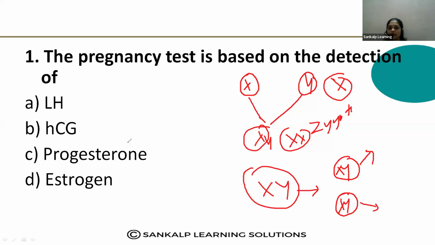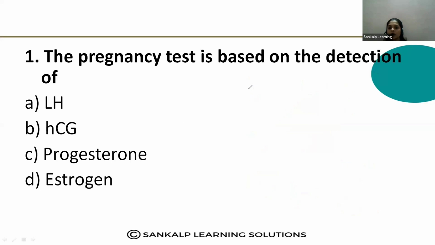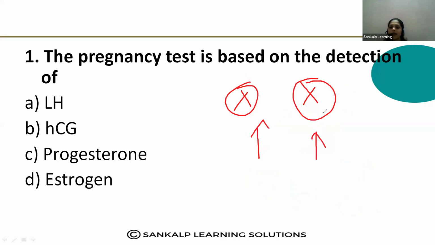Or one more thing is, sometimes in the female, very rarely two eggs are produced. ಎರಡು egg production ಆದಾಗ the two sperm fuse with the X chromosome and form two zygotes, and that will develop into twin babies. ಈ ತರ ಆಗತ್ತೆ, ಎರಡು ತರ ಆಗತ್ತೆ.